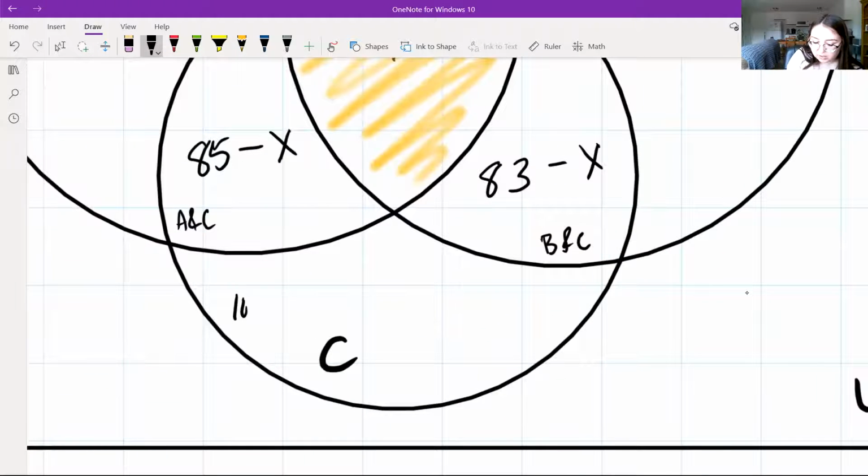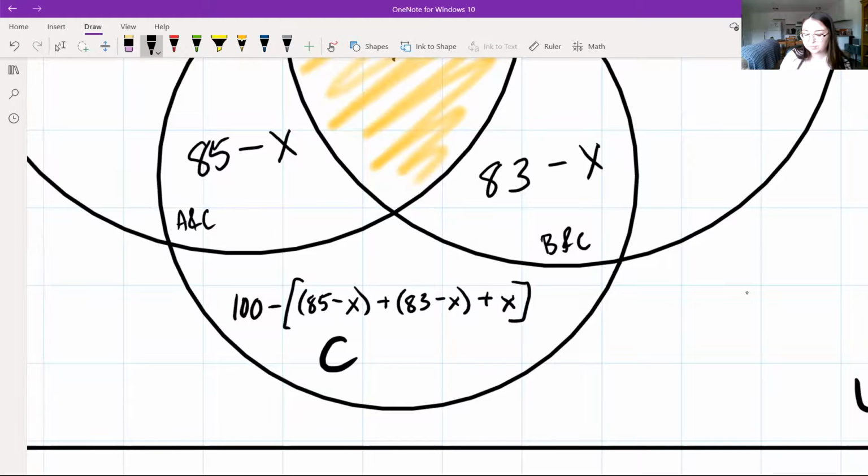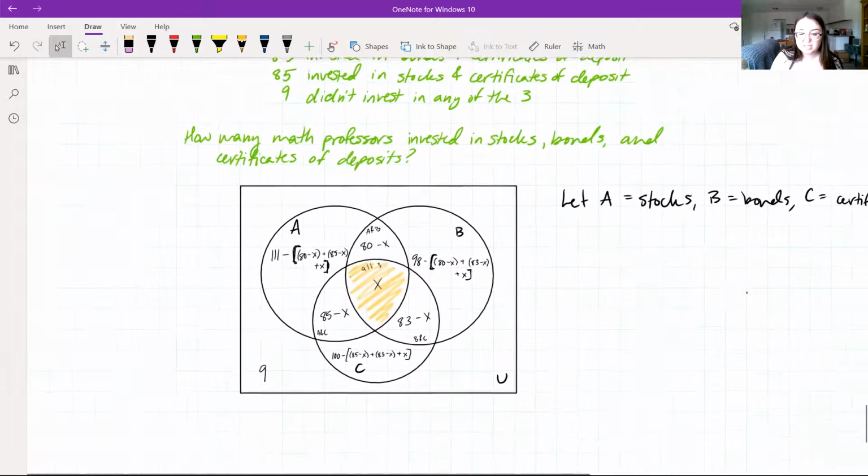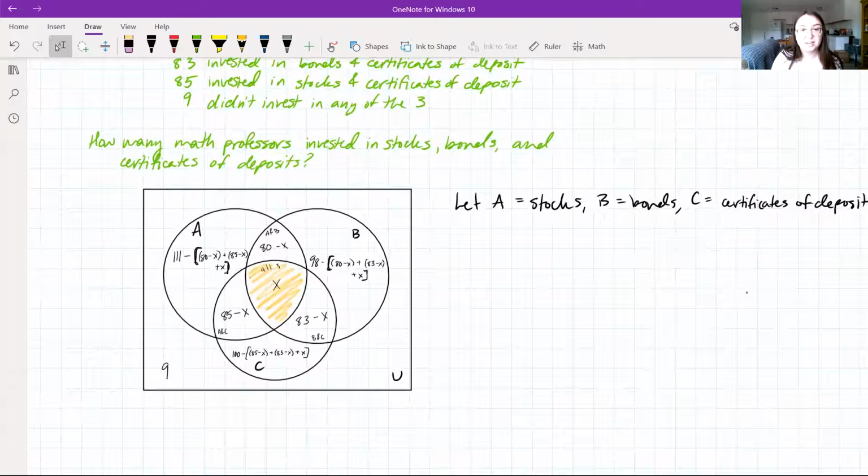So we have 100 minus, we're drawing these in brackets now, 85 minus X plus 83 minus X plus X. And then we know the people that didn't invest in any is 9.